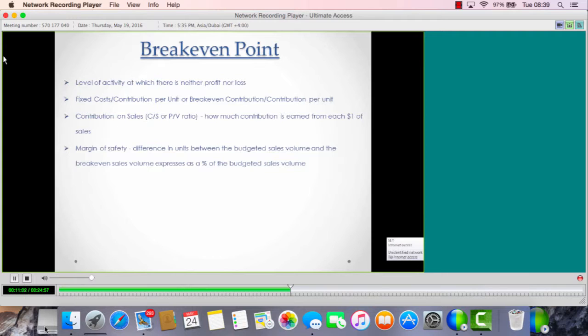So there will be a difference of 10, and that is what is called the margin of safety. From the 91st unit, you'll be generating a profit, because your fixed cost is already covered once you sell the 90th unit.